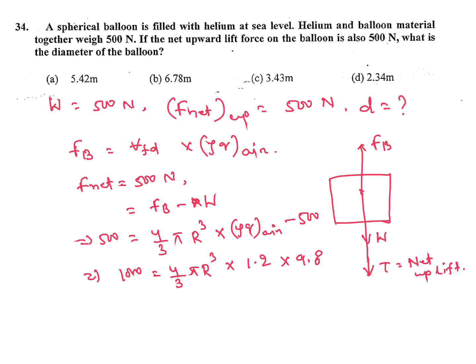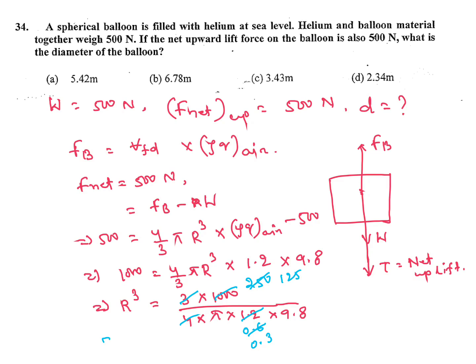So R cube equals 3 into 1000 divided by 4 into pi into 1.2 into 9.8. If we calculate this, R will be around 2.7 meter.